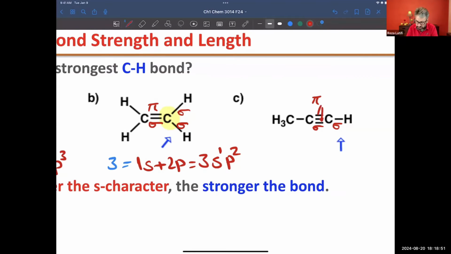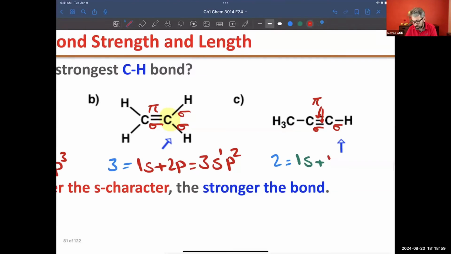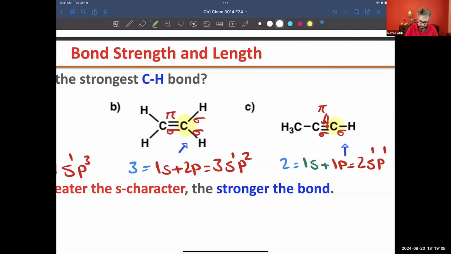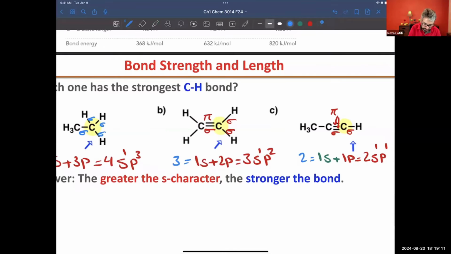We don't care again about the pi bonds, so I have 2 sigma bonds. I need 1 from S and 1 from P. That's going to give me 2 orbitals of S1, P1. So the hybridization for those carbons: sp3 here, sp2 there, and this carbon sp.